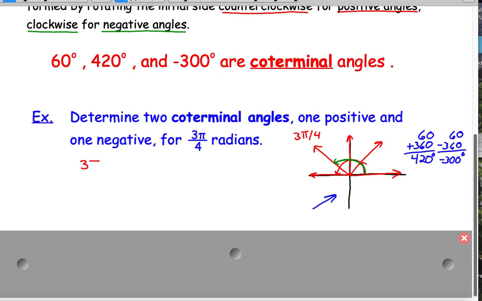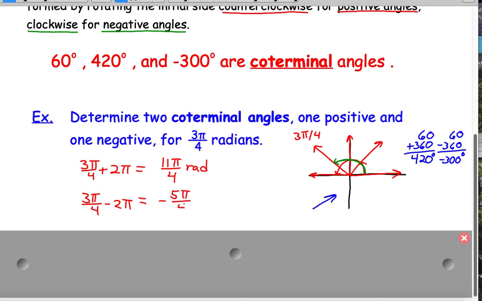So I'm going to do 3 pi over 4 plus 2 pi. And 2 pi is the same as 8 pi over 4, so that gives me 11 pi over 4 radians. And that's a positive angle. And then if I subtract 2 pi, that would be subtracting 8 pi over 4, so I'd get negative 5 pi over 4.